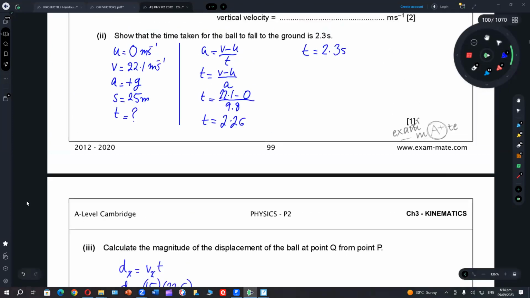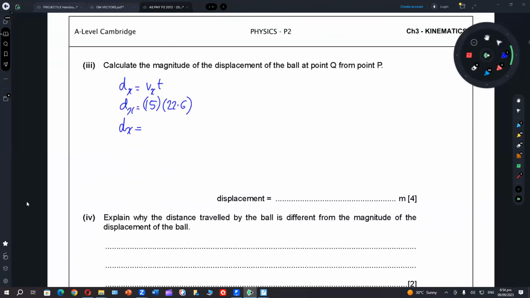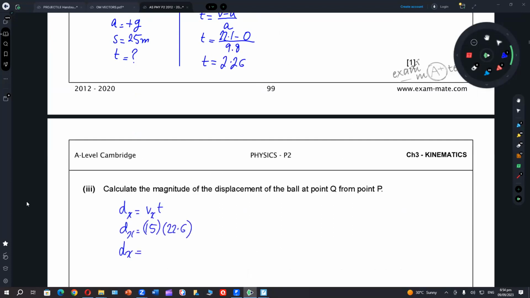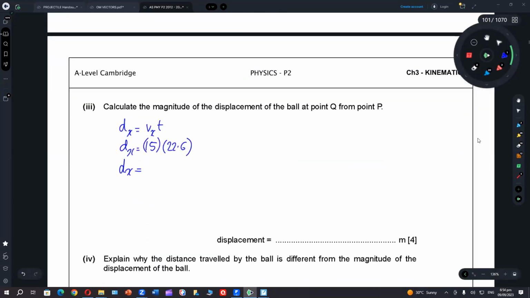Now please do this calculation. Sir, the time is not 22.6, it's 2.26. Sorry, I have written 22.6. Okay, it's 2.26.